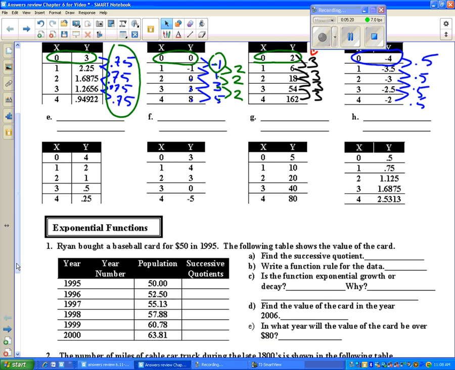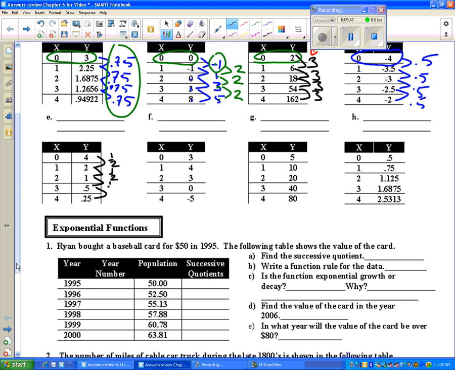Letter E, if I look at these, I can possibly notice that this is going down by half every time. 2 divided by 4 is 1/2. 1 divided by 2 is 1/2. 0.5 divided by 1 is 1/2. So this is division, 0.5 or 1/2.